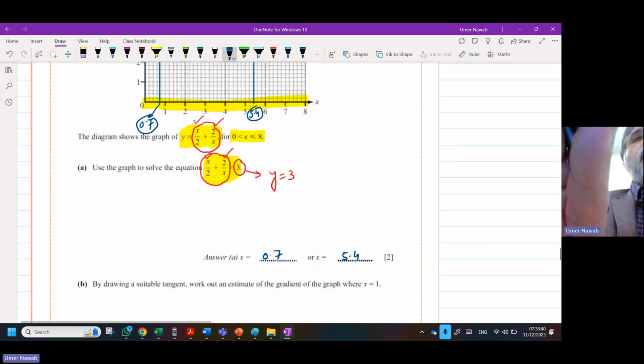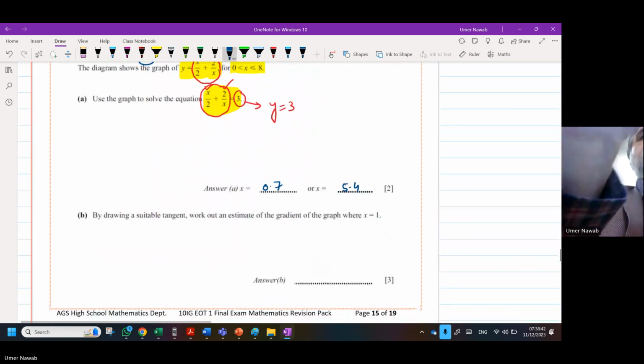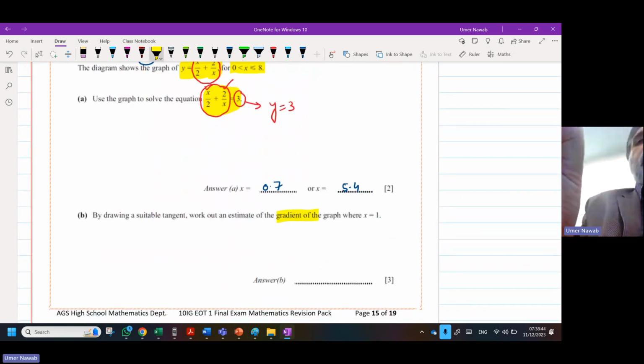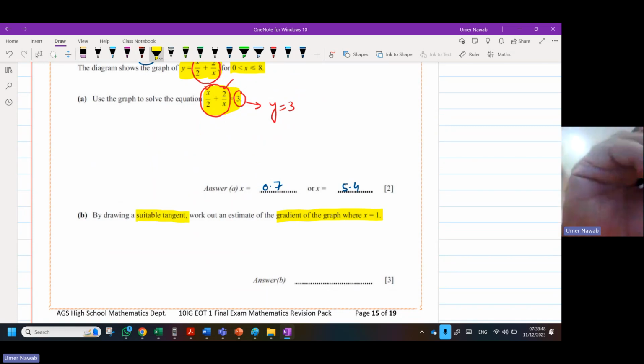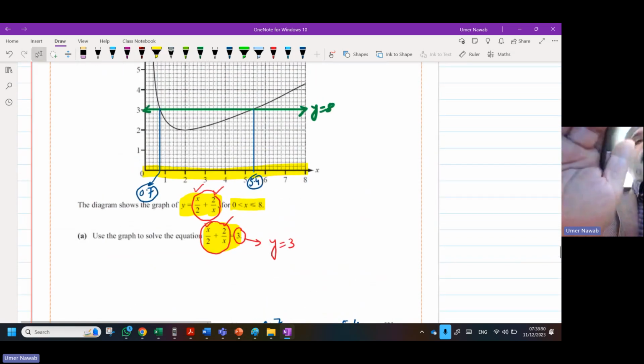Next thing is I want to find the gradient of the curve by drawing a suitable tangent at x is equal to 1. I need to reach the point where x is equal to 1. You remember this is x is equal to 1. Go up.